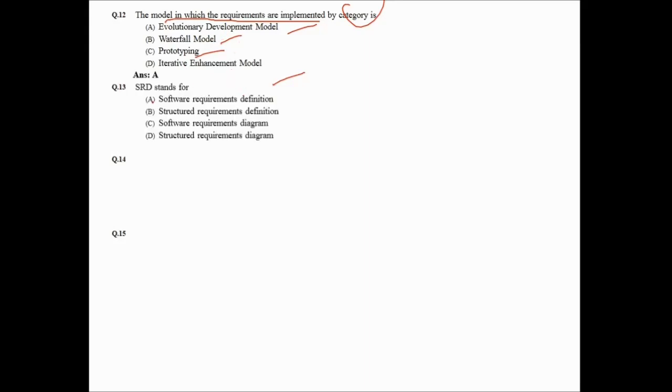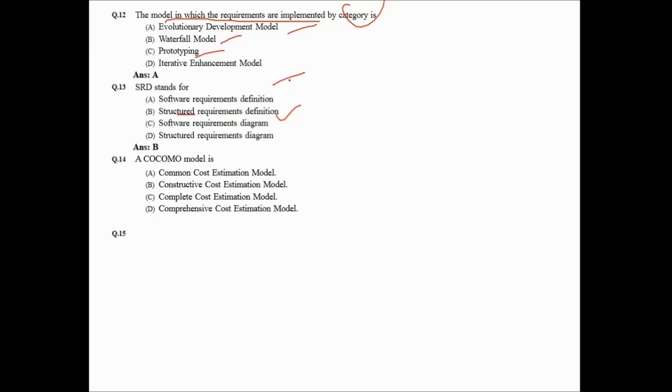Now the other question: the model in which the requirements are implemented by category is the evolutionary development model, waterfall model, prototyping model, or iterative enhancement model? This is the evolutionary development model. SRD stands for software requirements definition, structured requirement definition, software requirements diagram, or structured requirements diagram?